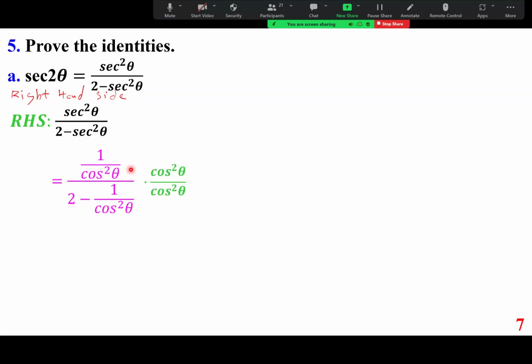Meaning, I multiply these two, so I get 1. This cancels out this one, right? I multiply these two, I get 2 cosine squared. I multiply these two cancel out, I get minus 1. So I hope nobody has any problem evaluating a complex fraction. It's very straightforward, everybody.